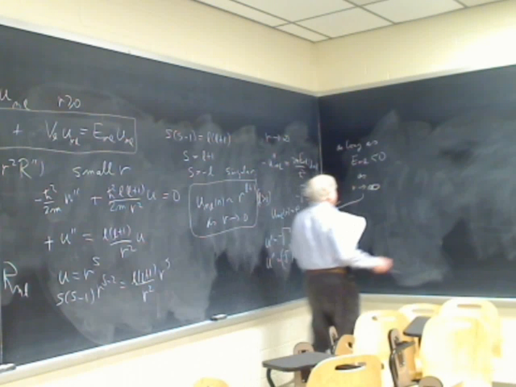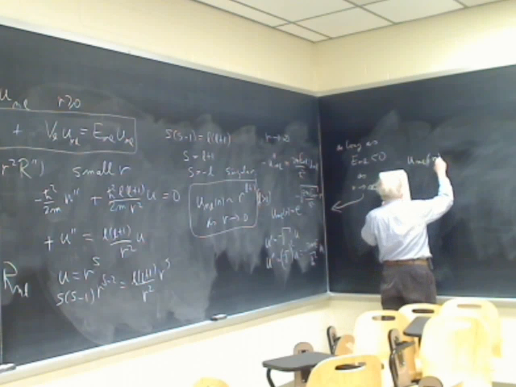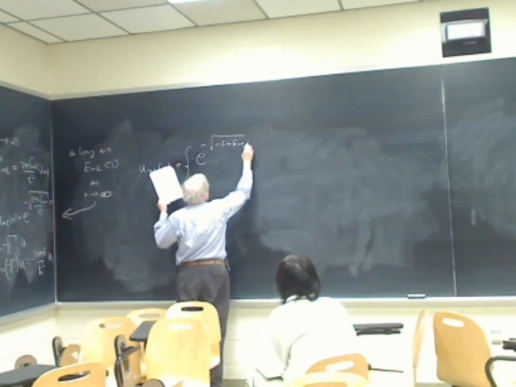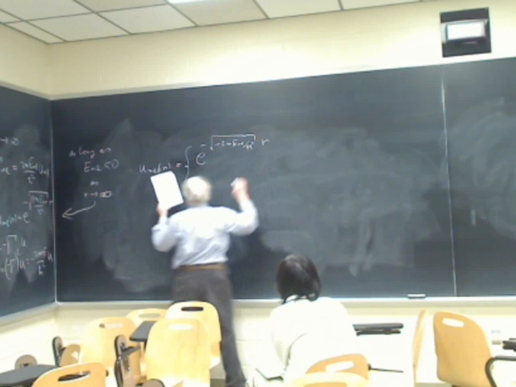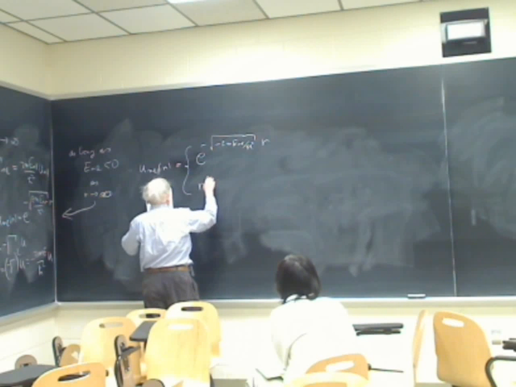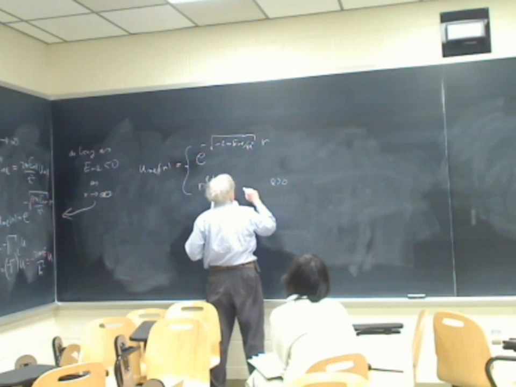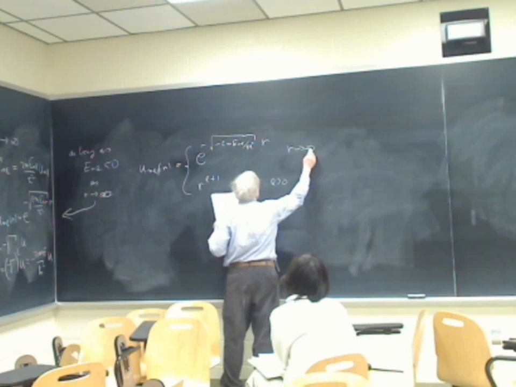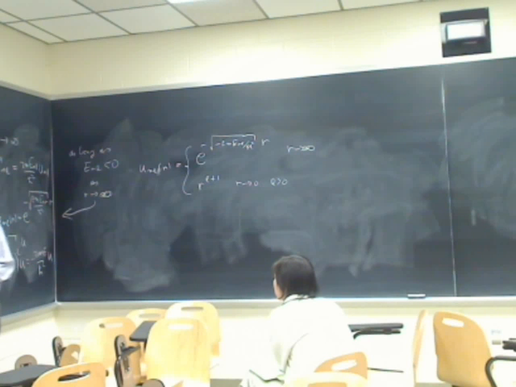So in other words, what we have then is u_nl of r goes as e to the minus 2m E_nl, we don't know what that is yet, over h bar squared, times r, and as r to the l plus 1, at least for l greater than 0, and this is r goes to 0, and this is r goes to infinity. Okay, so those are the asymptotic behaviors of this function u.